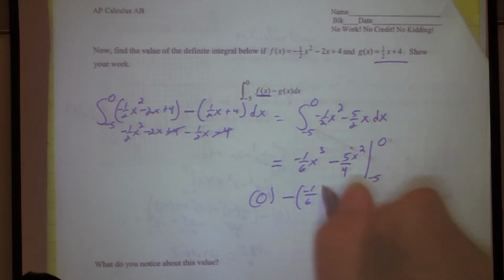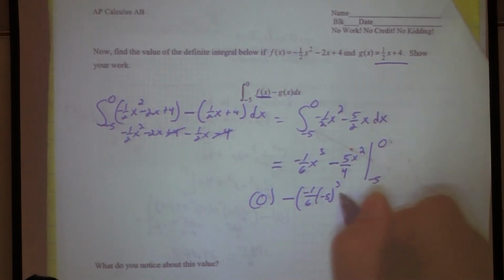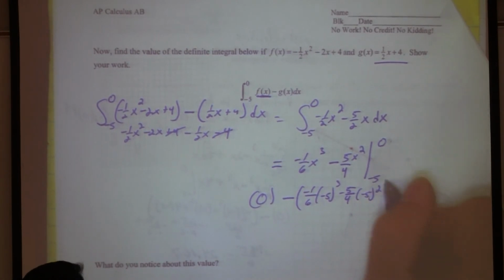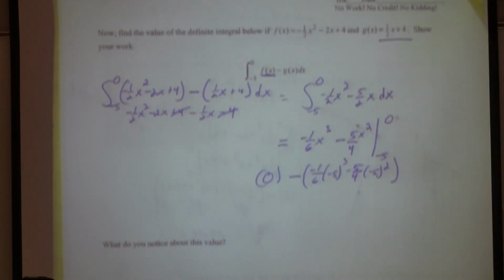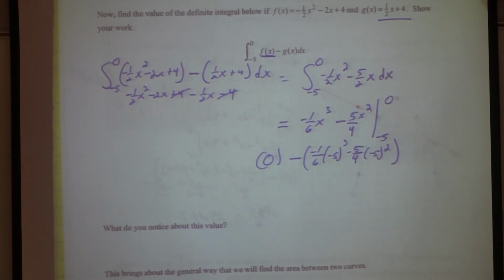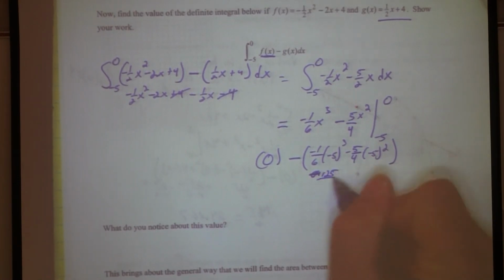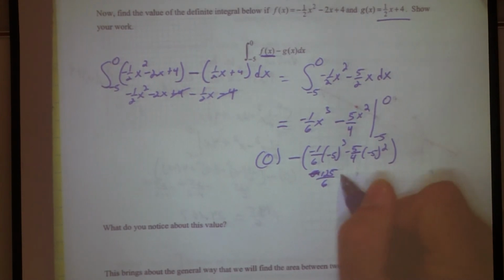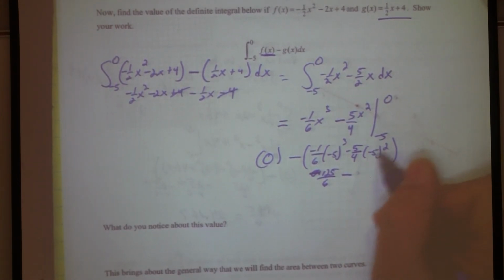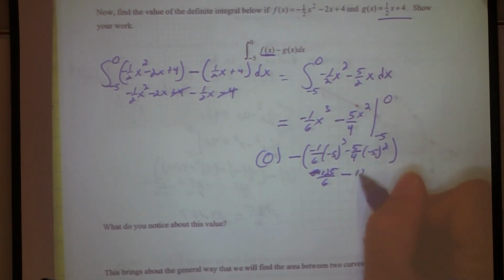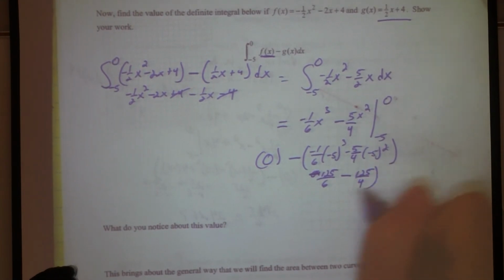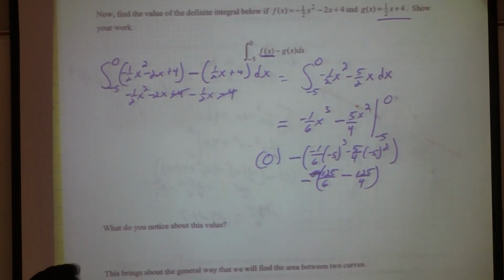Negative 1 over 6 times negative 5 cubed minus 5 over 4 times negative 5 squared. That gives me what? Positive 125 over 6 minus 125 over 4. Yeah? With a negative over here.